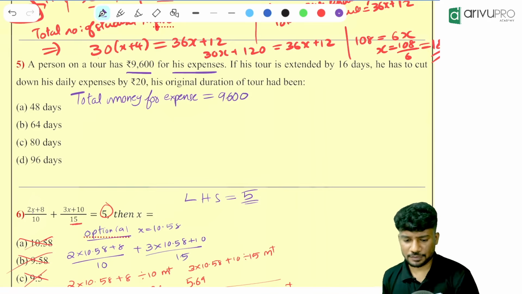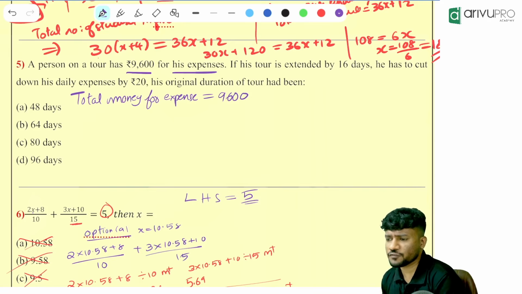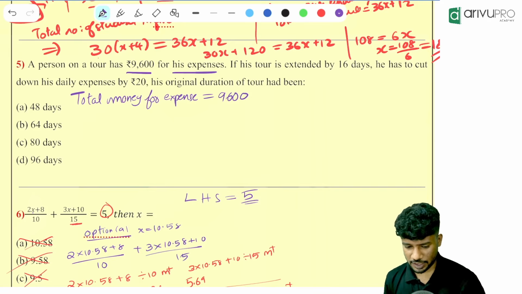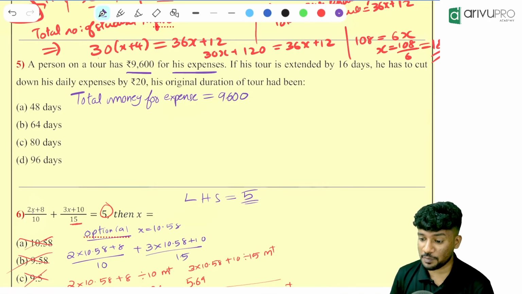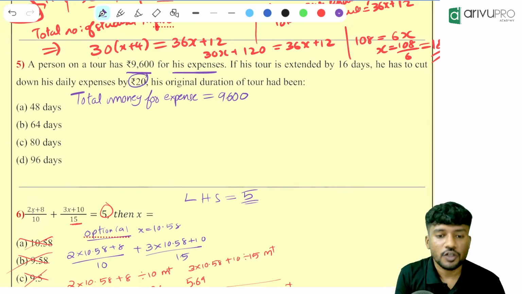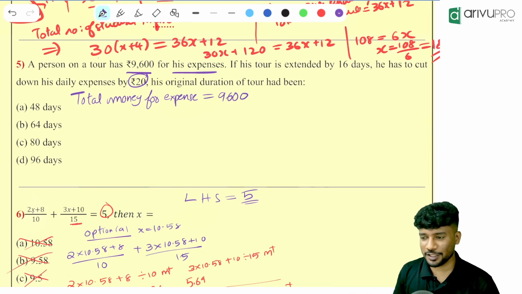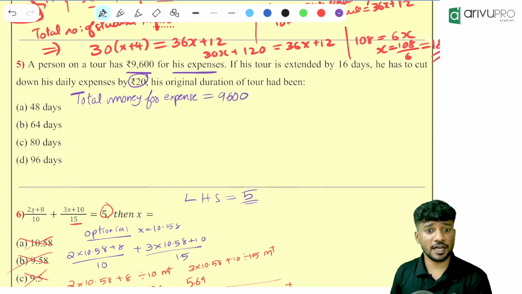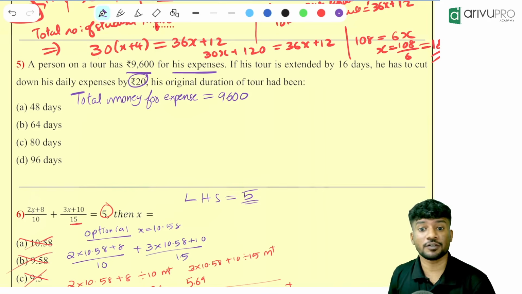That is given. Now, if the tour got extended for 16 more days, he has to cut down his expense by 20 rupees. For example, if he was spending 100 rupees, he should cut down to 80 rupees. That is the case.